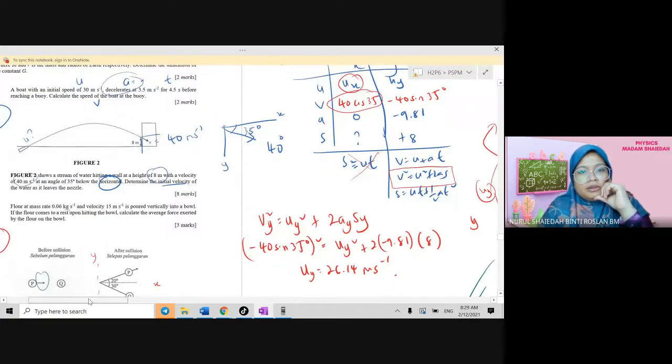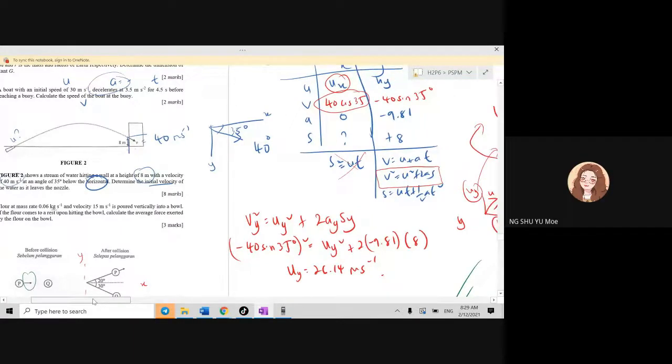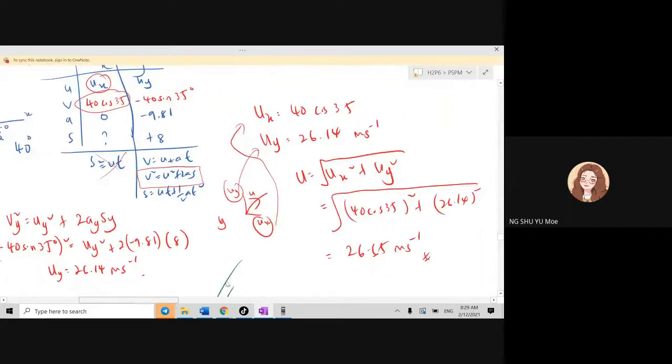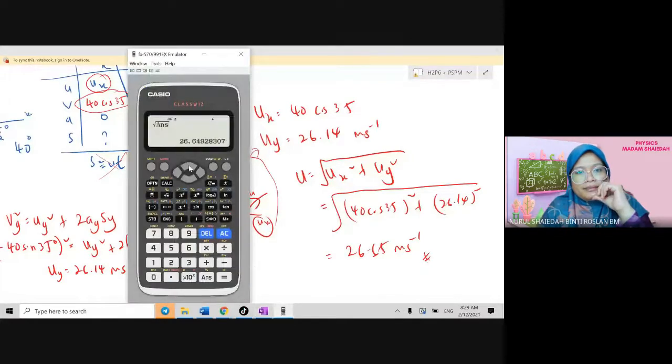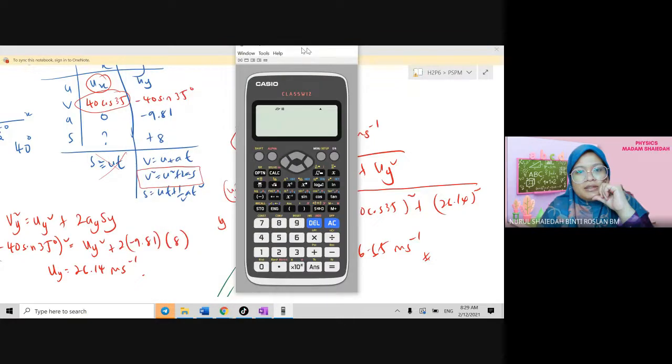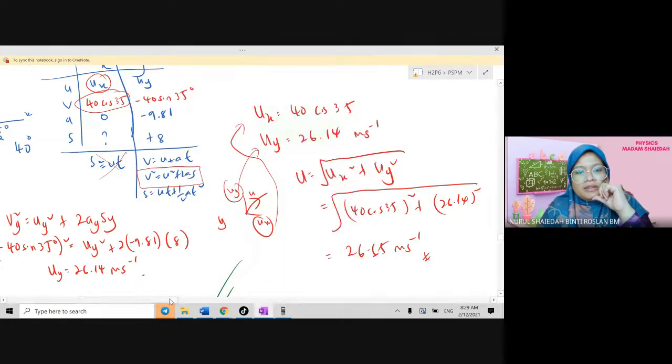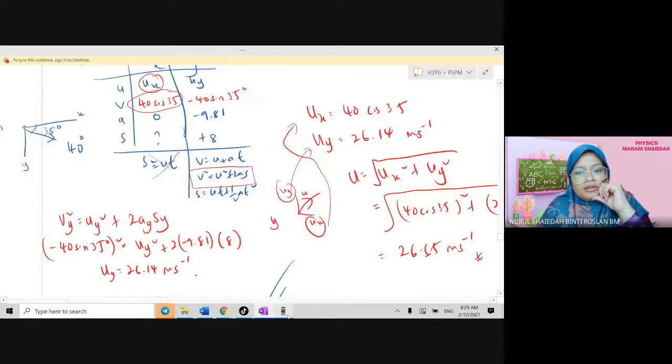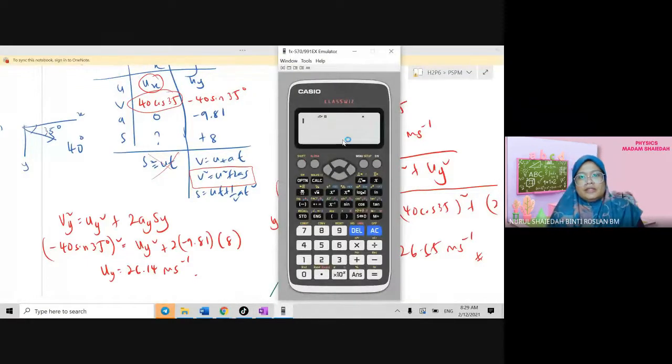Betul, below horizontal. Madam tadi calculator 40 sin 35 tak ada bracket. Oh, tak ada bracket. Kira balik, mari kita kira balik. Tak ada kira bracket. So this one lah yang salah. Degree kan? Betul degree. Okay.